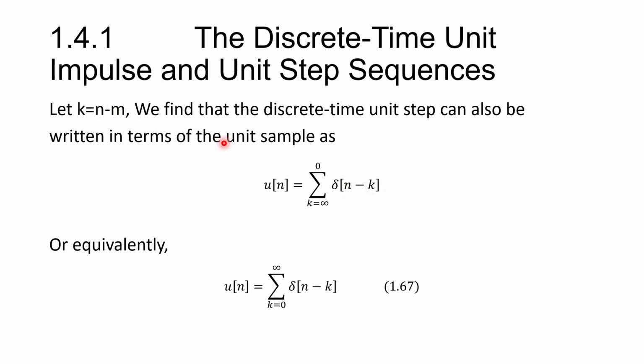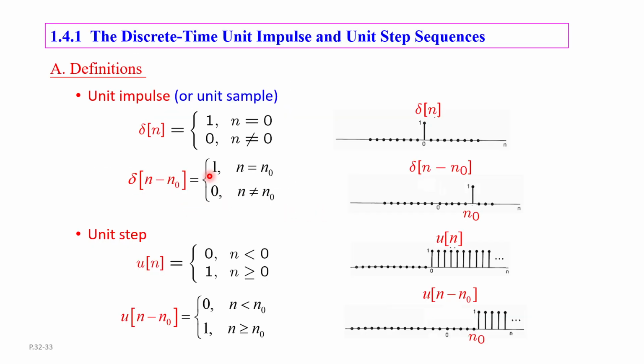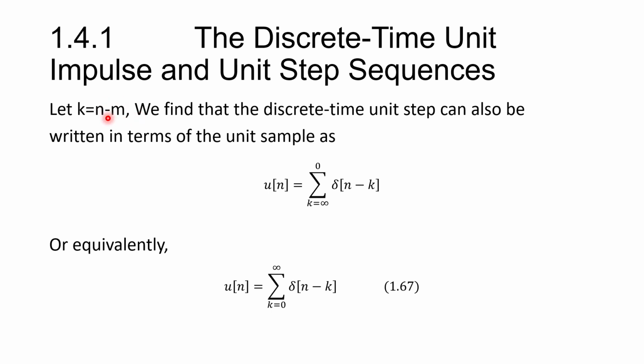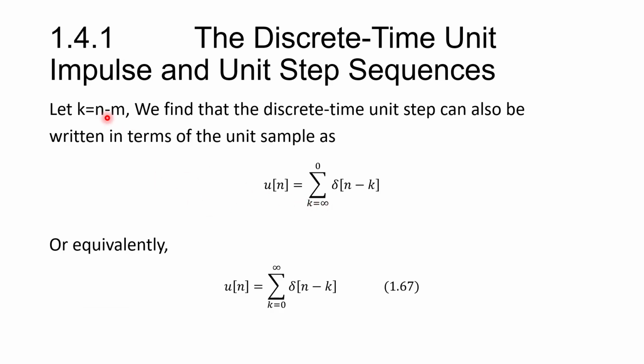For the bounds: when m equals n, k equals 0, and when m equals minus infinity, k equals plus infinity.